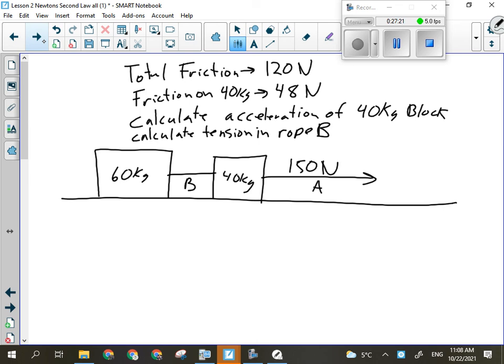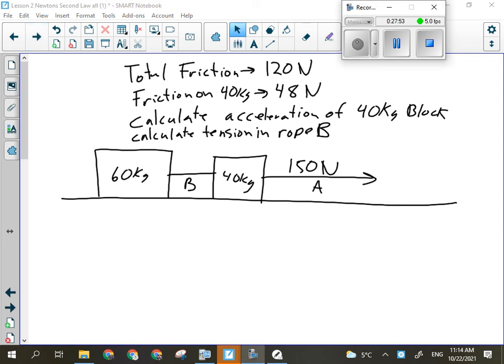I want you to calculate the acceleration of the 40 kilogram block, this one, and calculate the tension in cable B. This is exactly the same as the question we did yesterday. I just want to see how much you remember about how this works. So the whole system is being pulled this way by this force, 150 newtons, and that's directly attached to the 40 kilogram mass. Give you guys a little bit of time on that one.